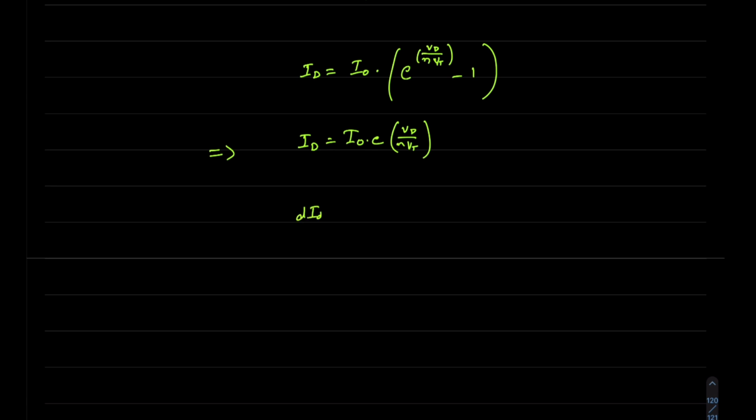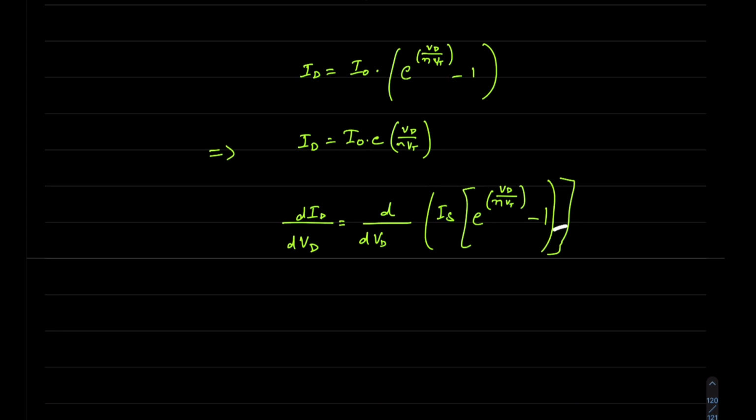So dId by dVd equals d by dVd of Is multiplied by e to the power Vd over eta Vt minus 1, which becomes Is over eta Vt times e to the power Vd over eta Vt, right?